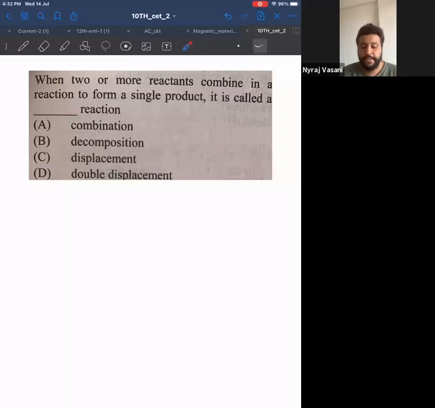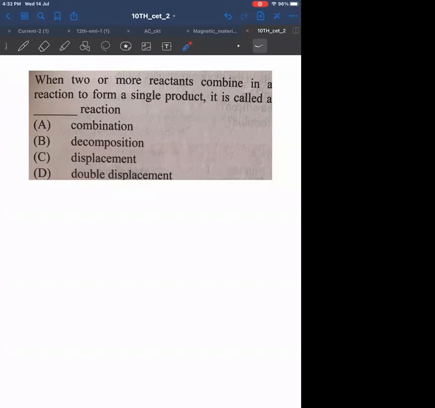Start. Tell me, what should be the answer for this particular question?